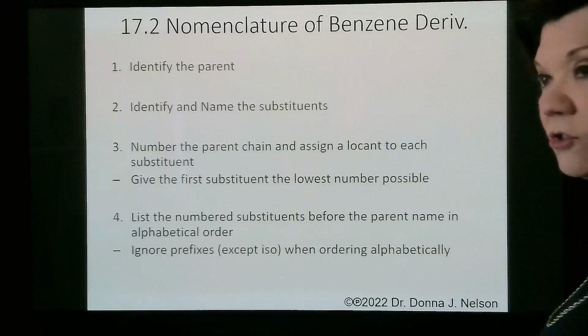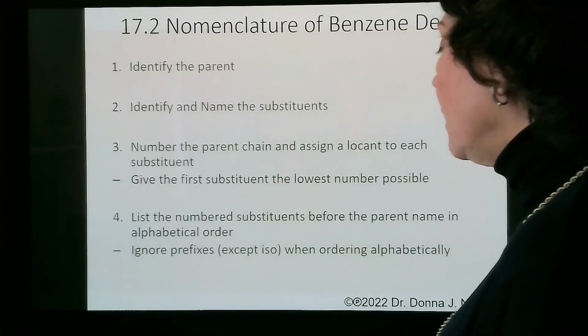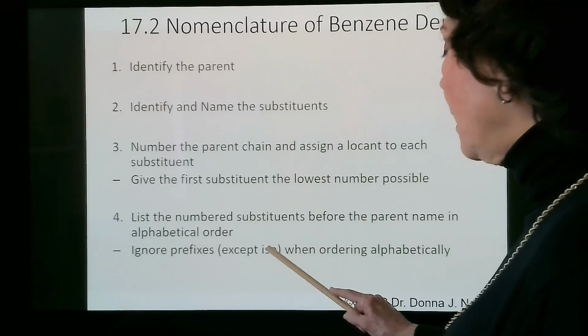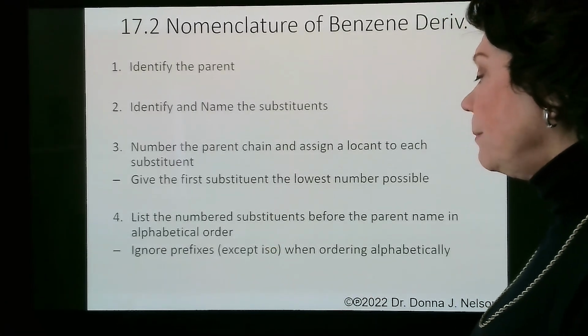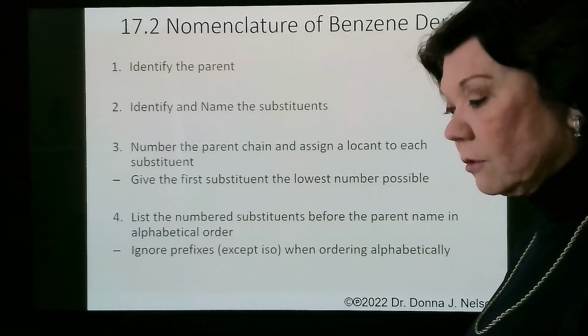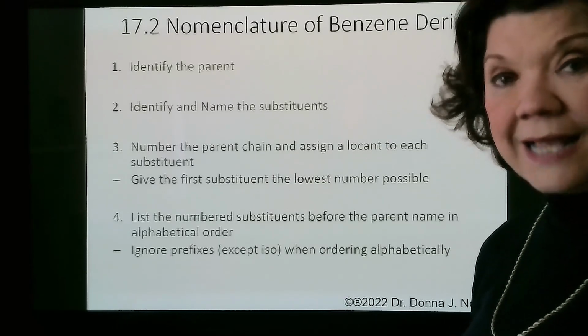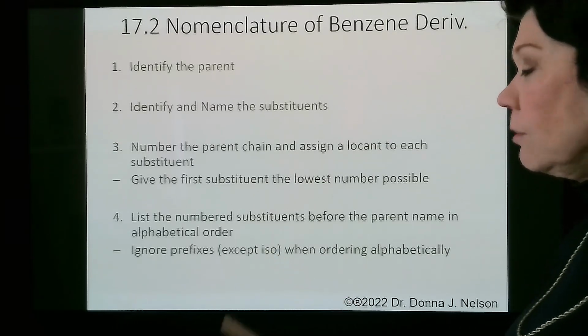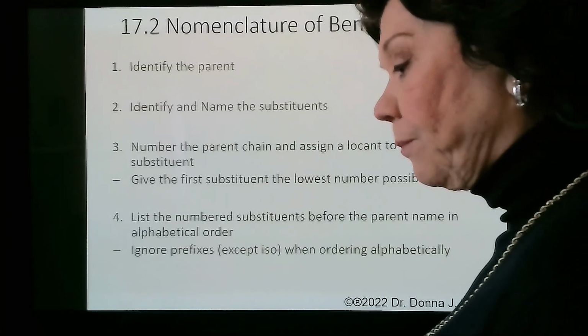Ignore prefixes like di or tri, except you do not ignore iso. And remember that in sec-butyl or tert-butyl, the sec and tert are italicized, but in isobutyl, the iso is not italicized.